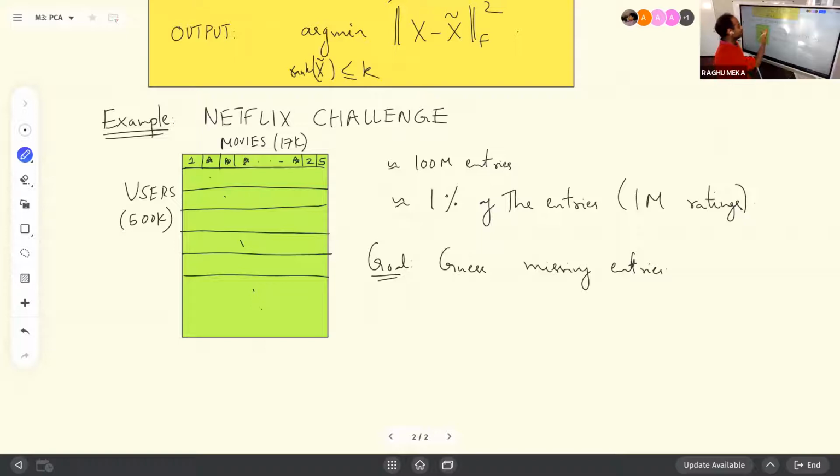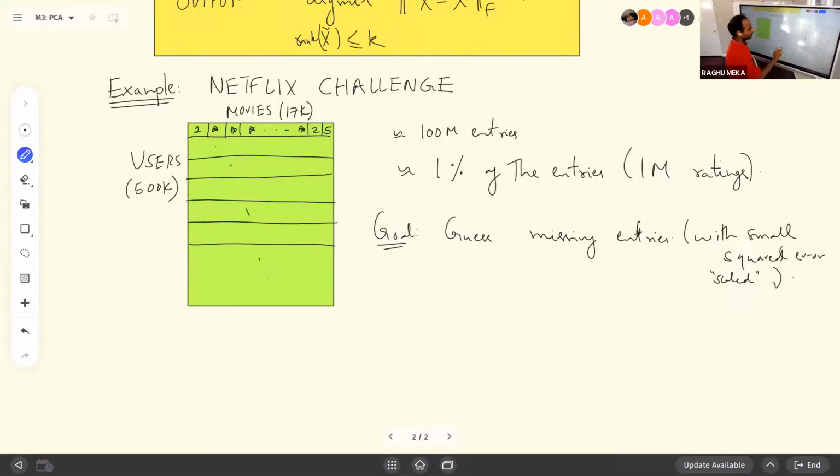If it was 5 and you guess 4, then you got a penalty of 1. Whereas if you guess 1, then you got a penalty of 16. Things like that. With small squared error, scaled appropriately. The scaling is kind of natural.